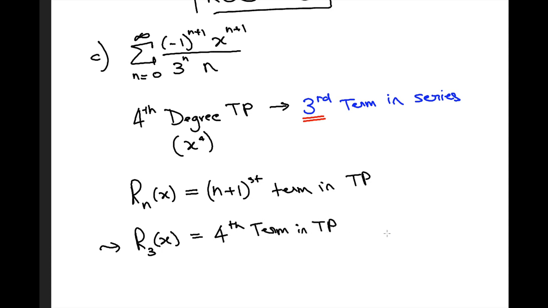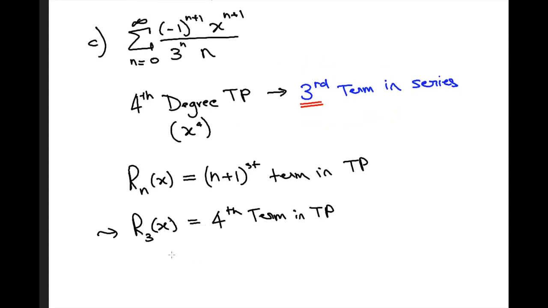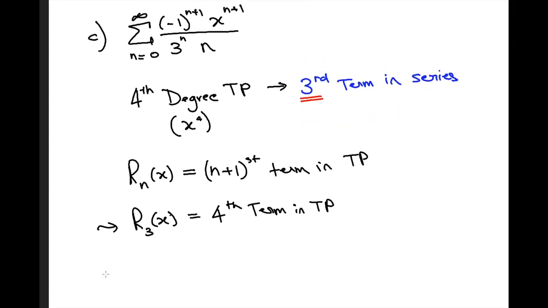I hope you follow my logic here, right? So we know that the error associated with a Taylor polynomial of n terms is the n plus first term. This Taylor polynomial has 3 terms because it's a fourth degree, and we have the n plus 1, which means it has 3 terms. And so therefore, we are looking for the fourth term to give us that error.